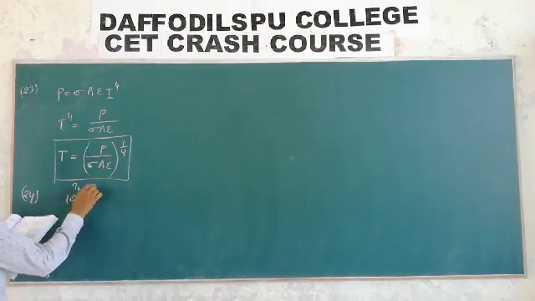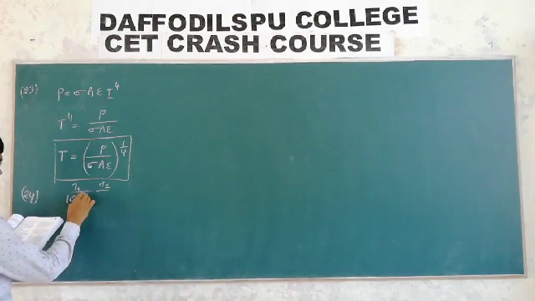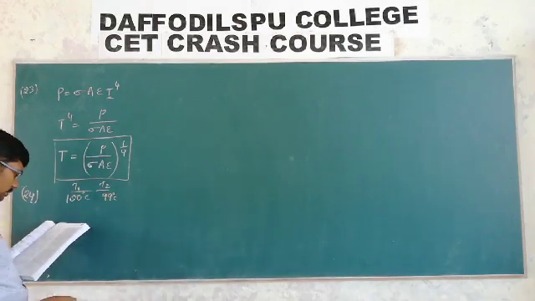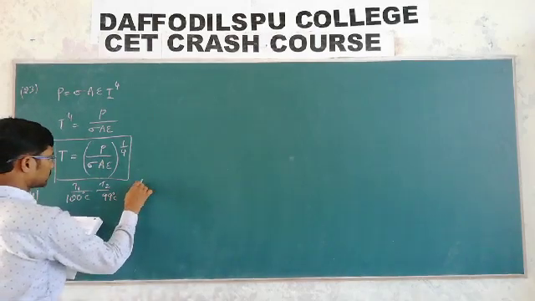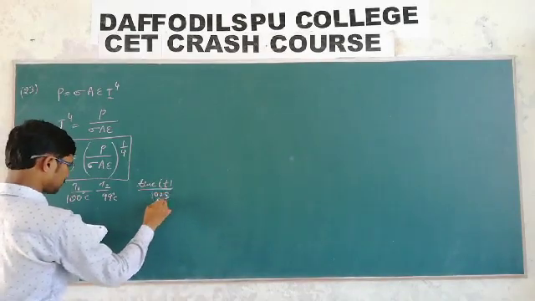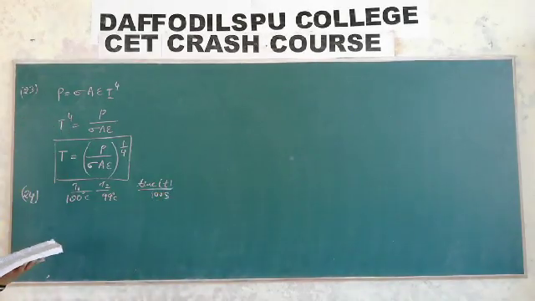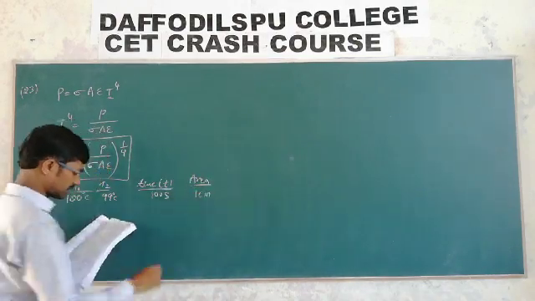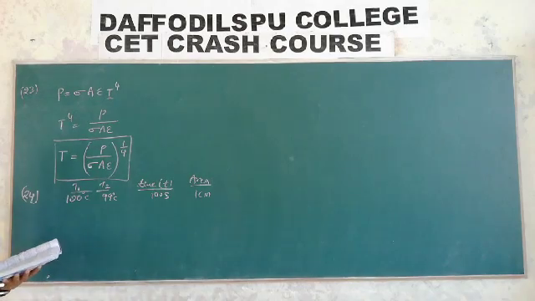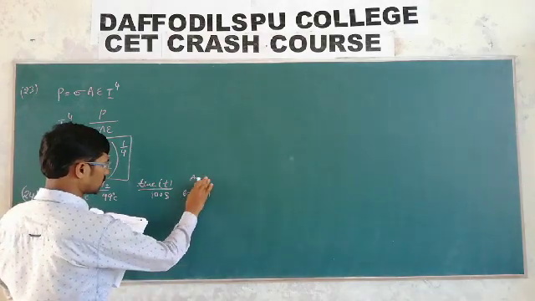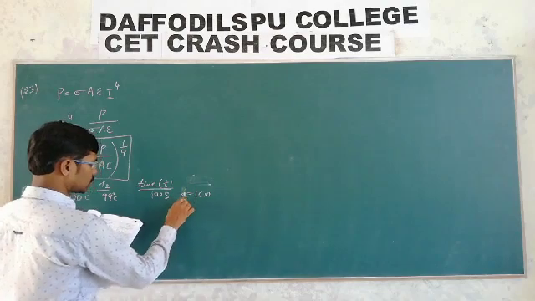So T1 and T2, 100 degrees Celsius to 99 degrees Celsius, in time t is 100 seconds. For what area? The side length is 1 centimeter, so let us take L1 as 1 centimeter.